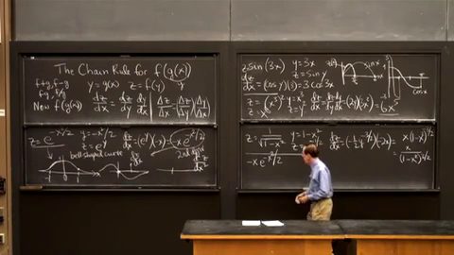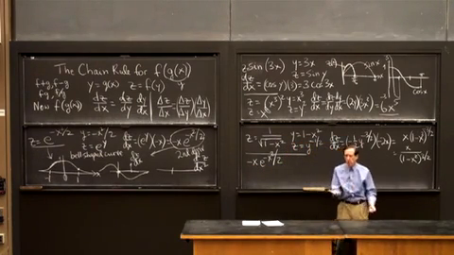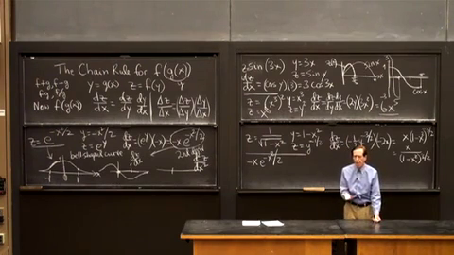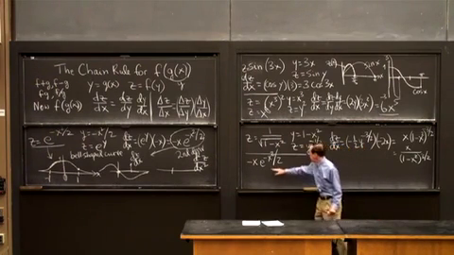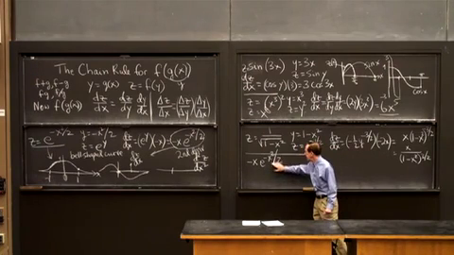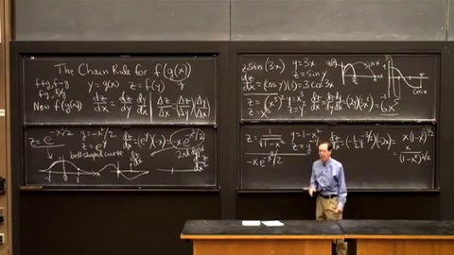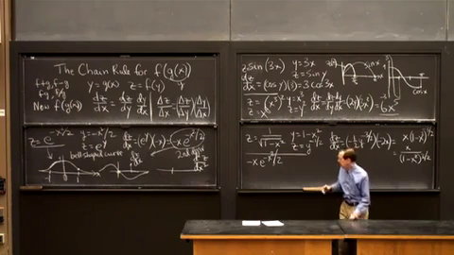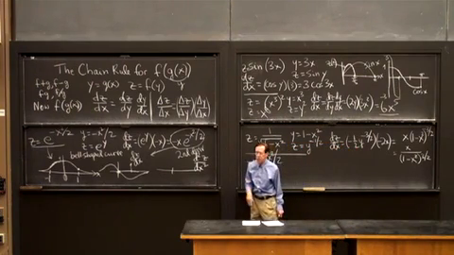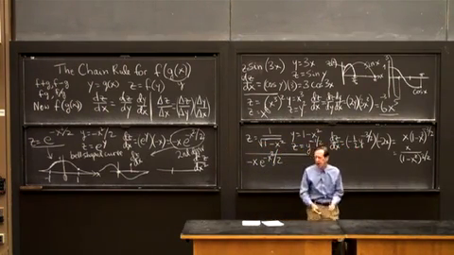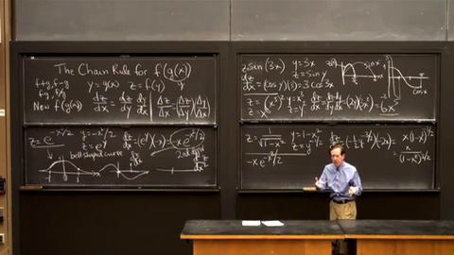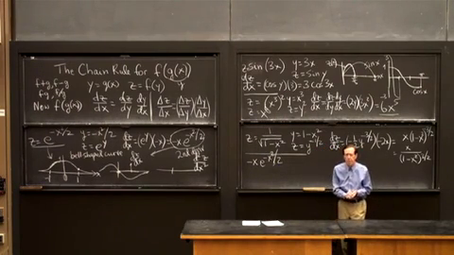I see a product. I see that times that. So I'm going to use the product rule. But then I also see that in this factor, in this minus x squared over 2, I see a chain. In fact, it's exactly my original chain. I know how to deal with that chain. So I'm going to use the product rule and the chain rule.